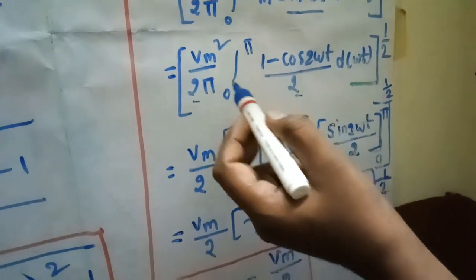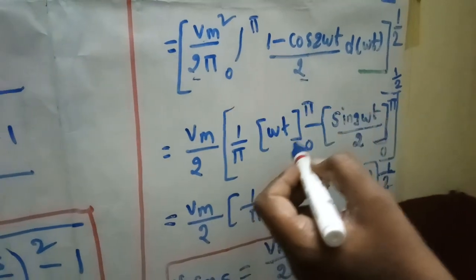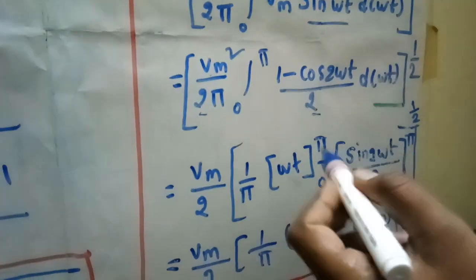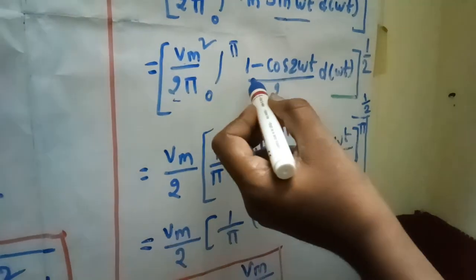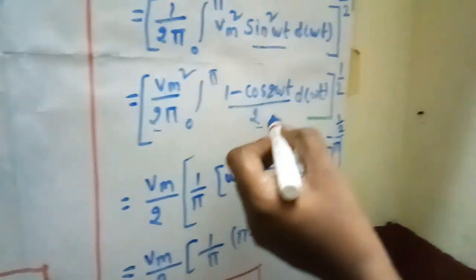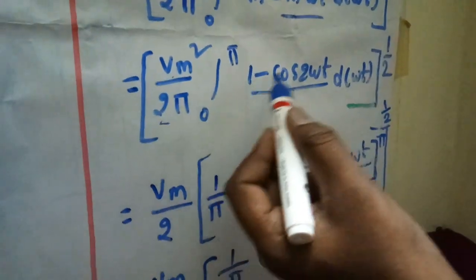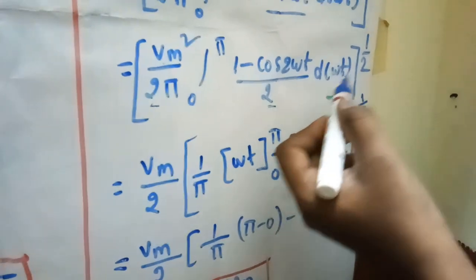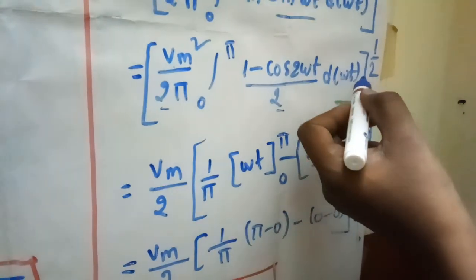So what we have, this 2 pi is inside here, 1 by pi, and I am doing the integration here. This 2 was already taken outside, that's why Vm by 2 we get. Then remaining term is 1 minus cos 2 omega t d omega t. That is 1 d omega t minus cos 2 omega t d omega t.